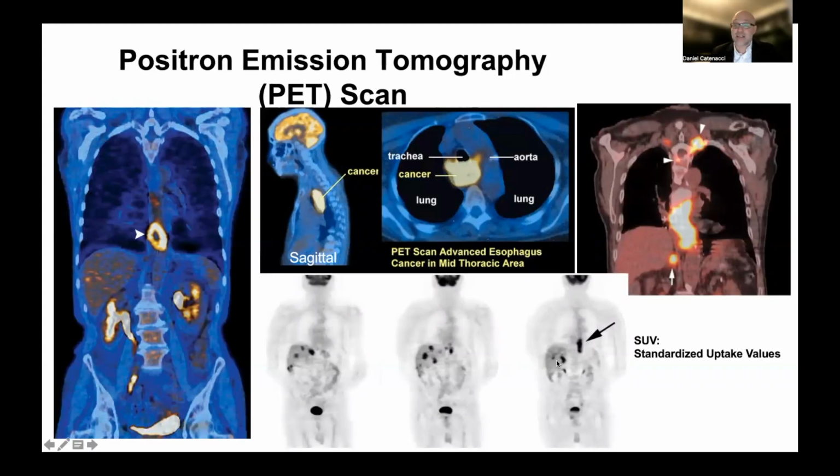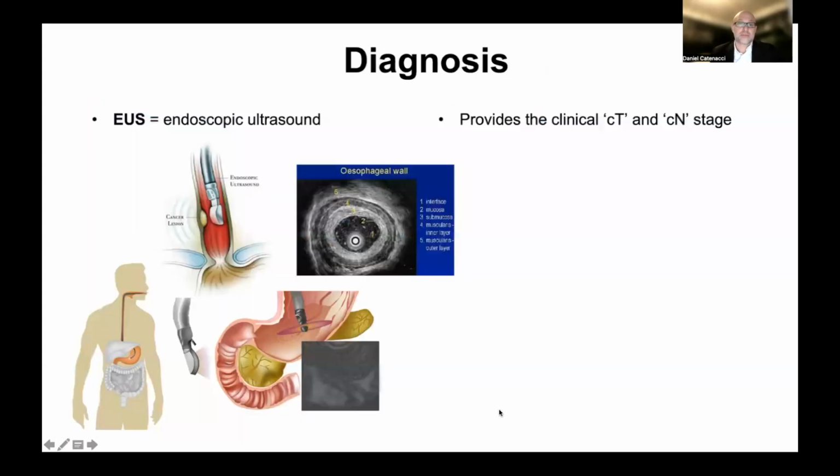Similarly, a PET scan at first diagnosis can identify the primary tumor and liver metastases. In both of these latter two examples, again, this would be considered an M1 cancer, stage 4, and often we wouldn't proceed to evaluate the primary tumor with endoscopic ultrasound.